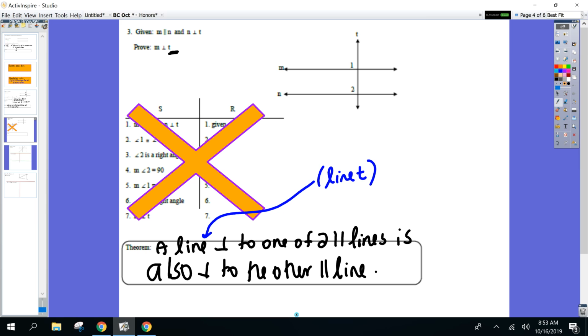All right, so that's a little bit wordier, but now at least you know you got it. Whenever I'm given a set of parallel and a set of perpendicular lines, maybe I have to use this theorem. Okay, are we ready to use these now?